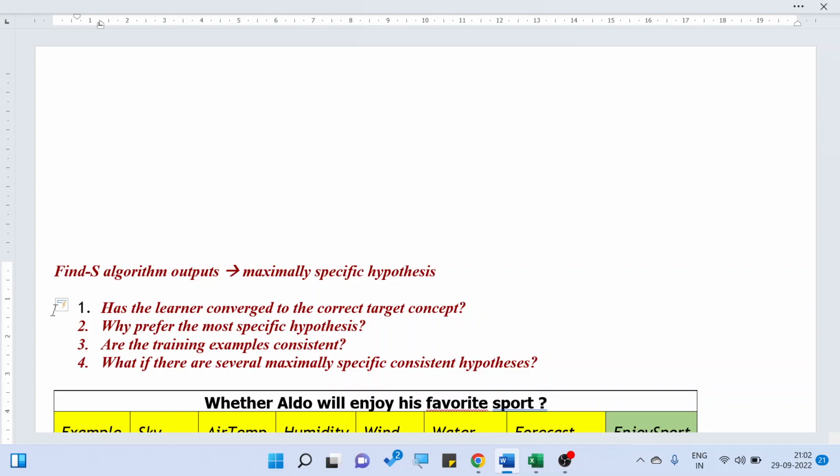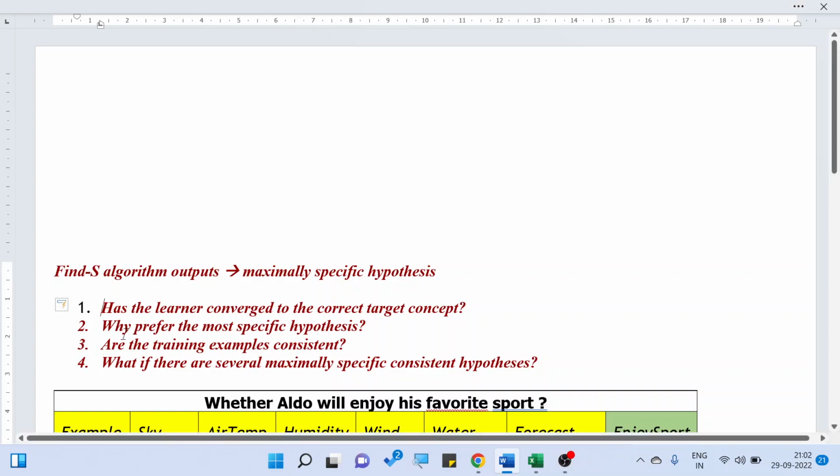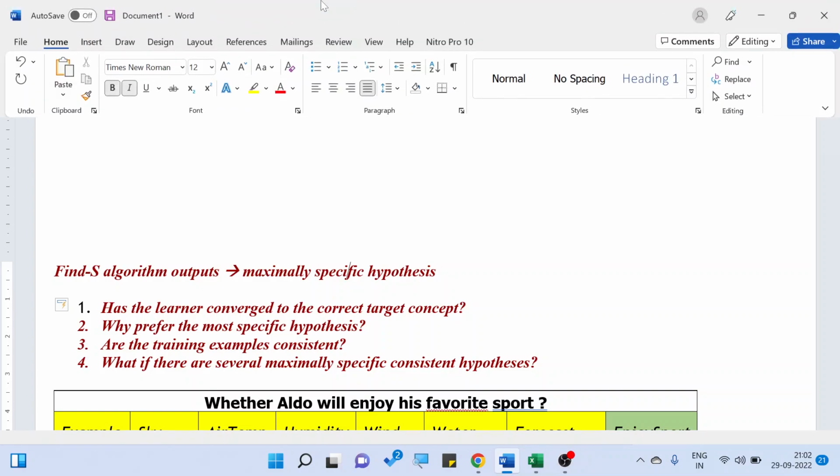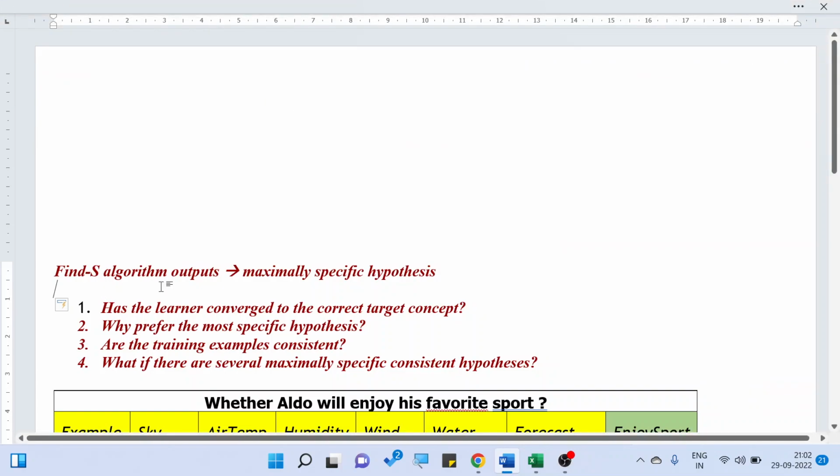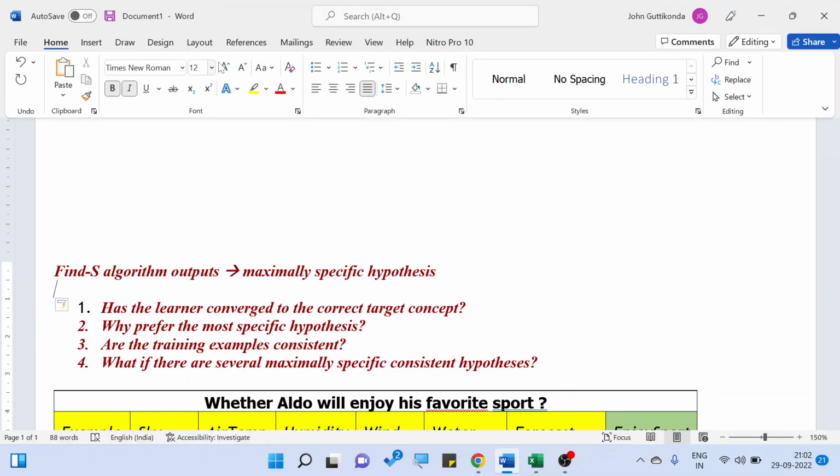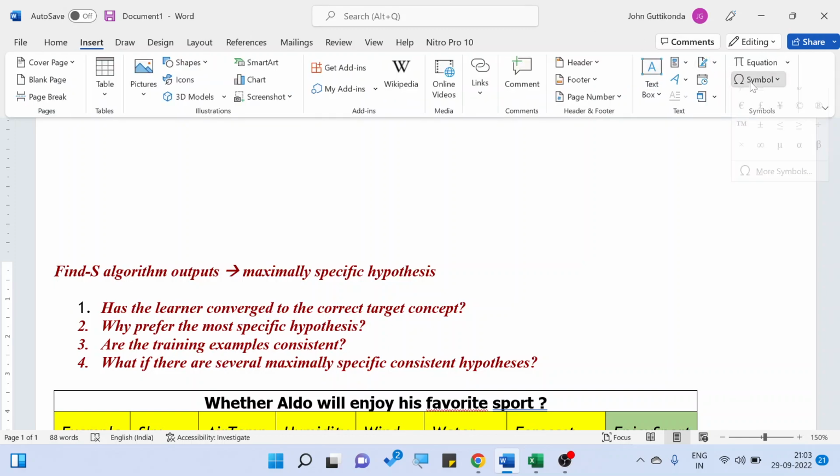Secondly, we are always starting with the most specific hypothesis, including all phis. That hypothesis where we included all phis was our starting point.